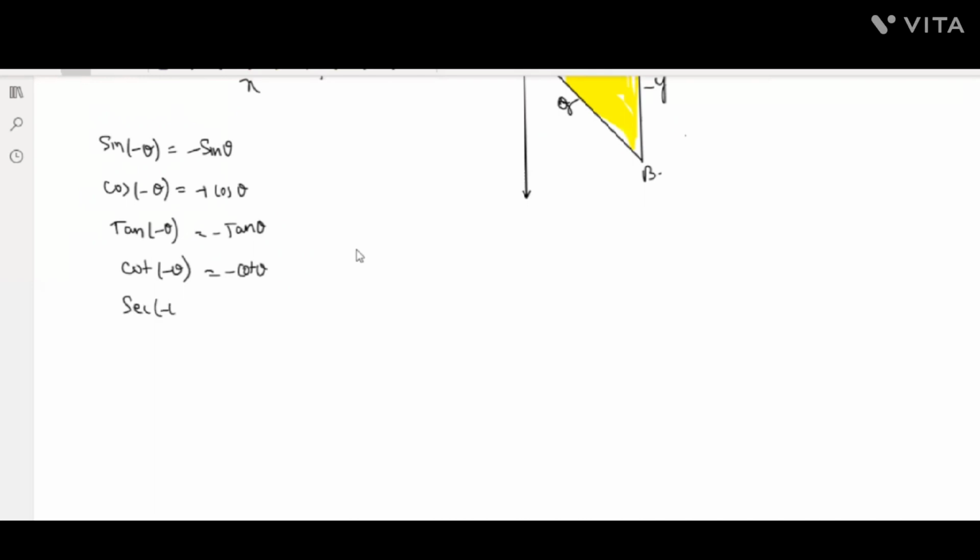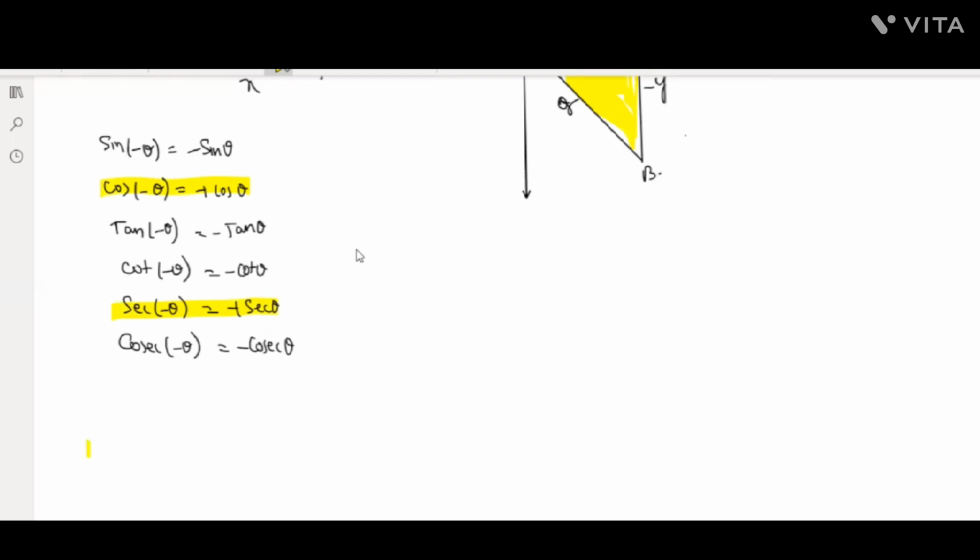Secant of minus theta is plus secant theta. Cosecant of minus theta is minus cosecant theta. So only for cos and secant the output is positive, and the remaining are all negative. This is the first topic in today's video.